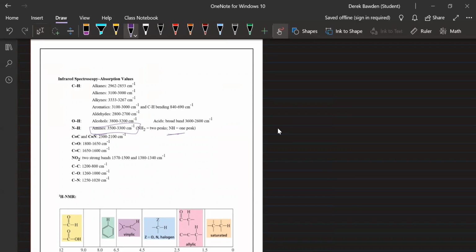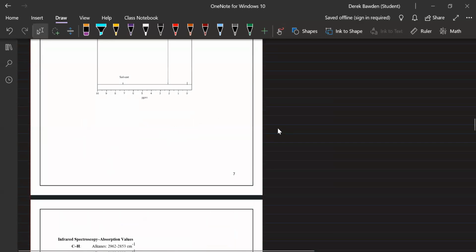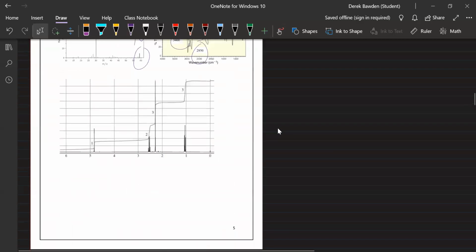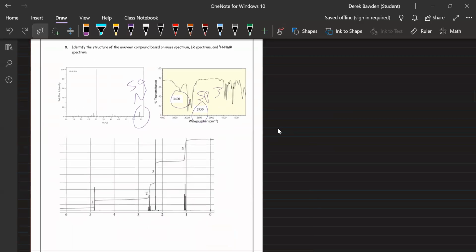Because when there's 1 hydrogen, that means the nitrogen is bonded to 2 carbons. Okay, so let's go back up here. We have, so let's see, 1 peak is a secondary amine. Perfect.